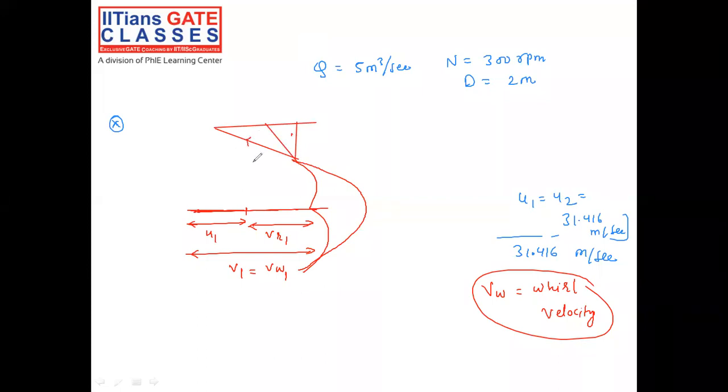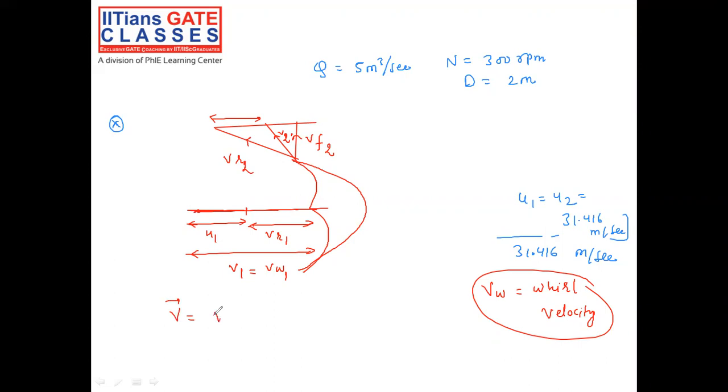Now this is nothing but, see, whatever is coming from the blade, that is VR1. This is the flow velocity. This is V2, VR2, VF2. The distance between this VR2 and V2, you know that vector. What is the vector addition?